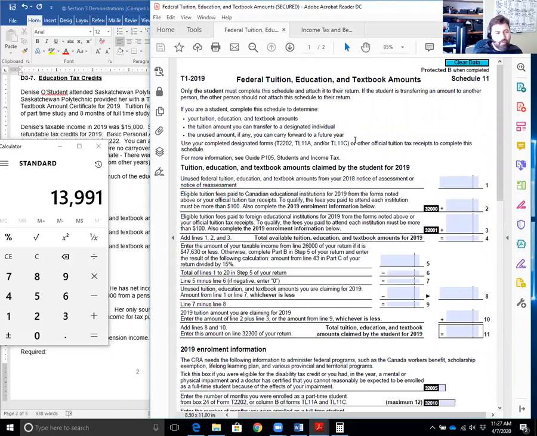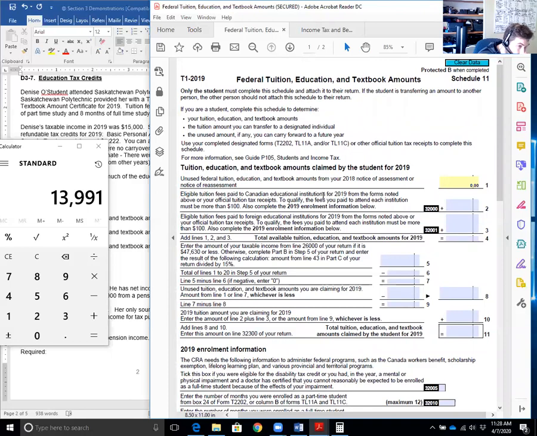So you can see that the question stole the requirements right from the form. So this is the purpose of the form, right? So let's do that. So the question says we don't. I altered the question, but the original question says that we have no unused tuition, education, and textbook amounts from a previous year, from 2018.